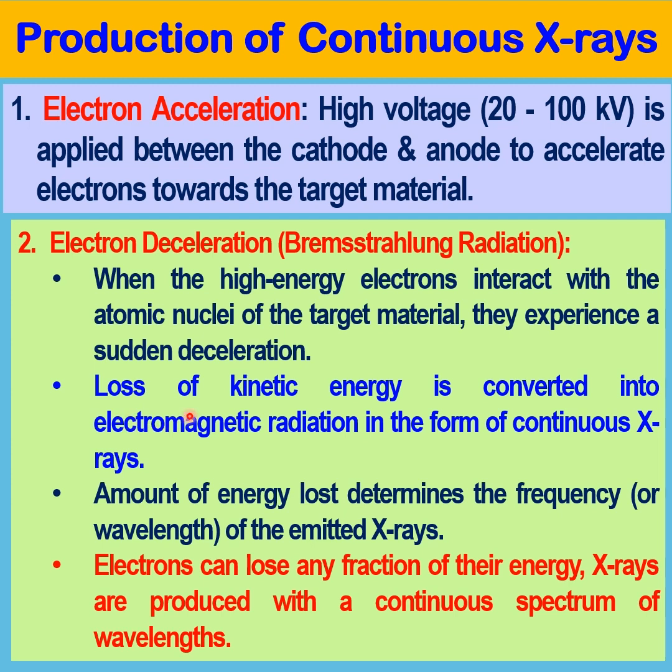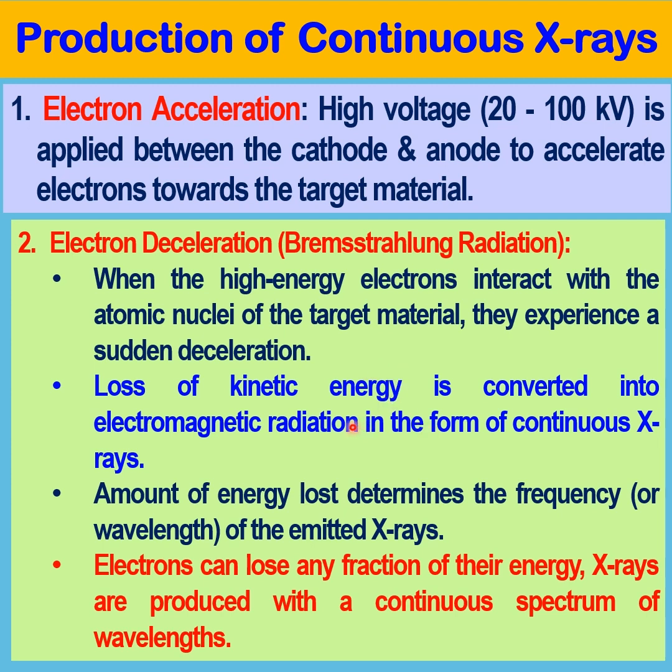Then, in this process, a large part of the lost kinetic energy is converted into electromagnetic radiation in the form of continuous X-rays. So due to this deceleration, the loss of kinetic energy results in the formation of electromagnetic radiation.